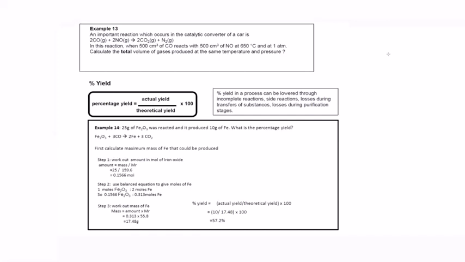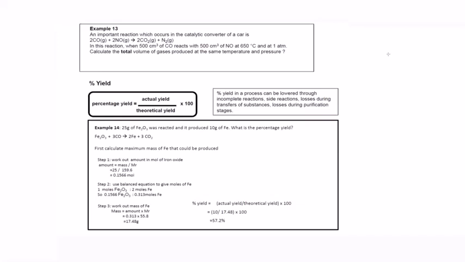An important reaction which occurs at a catalytic converter. In this reaction, 500 cm cube of carbon monoxide and 500 cm cube of oxide of nitrogen at 1 atm. Calculate the total volume of gases produced at the same temperature and pressure. What will be the answer?